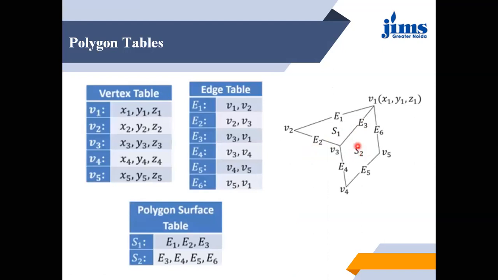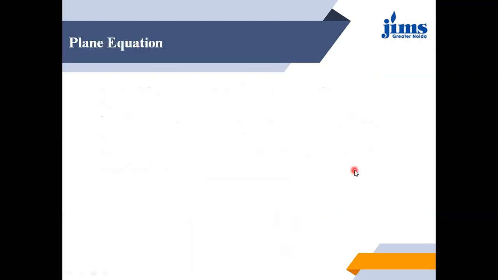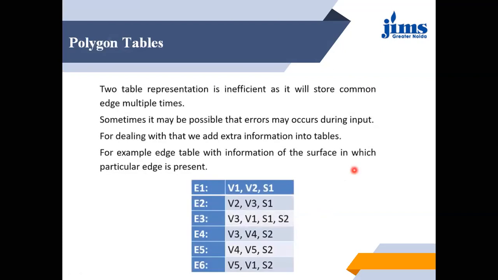So sometimes it is difficult to analyze whether E3 is concerned with S1 or S2. So in this way, we can write the table so that it represents the surface also. As you can see over here, E3 represents V3 V1 for surface S1 and V3 V1 for surface S2. So this is the way to represent the polygon using tables.